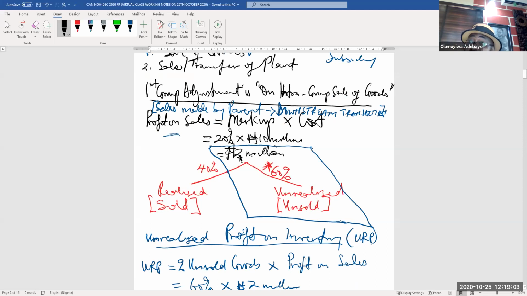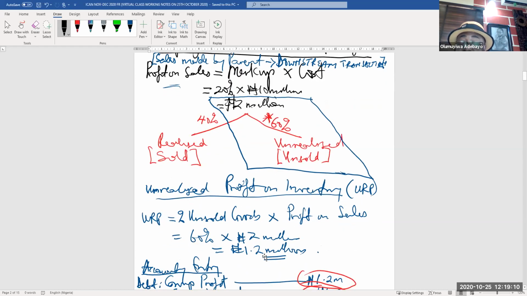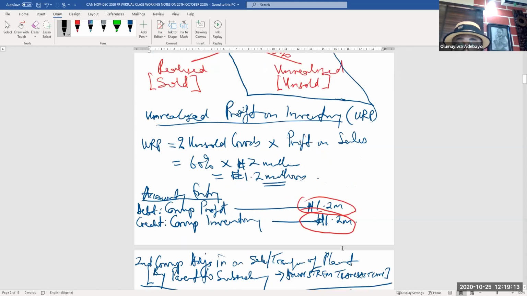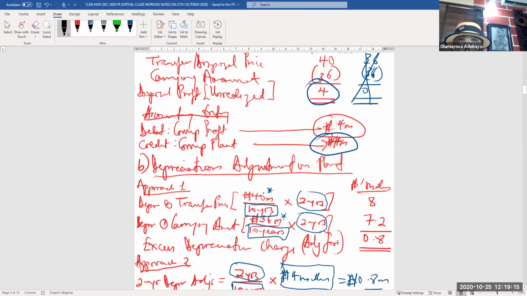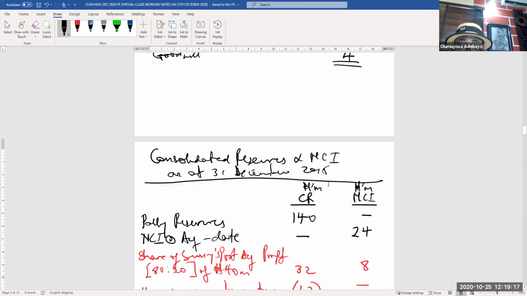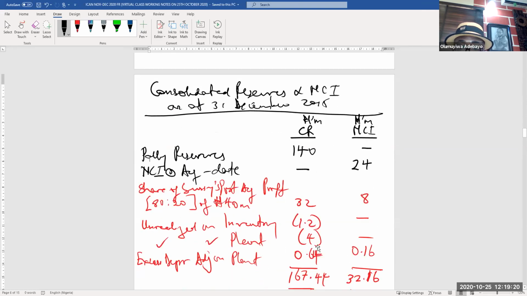It's part of that 140 million. We are now saying that out of the 2 million that is part of that 140, 1.2 of it is unrealized. That's why we are removing it. Similarly, out of that 140, we are removing this 4 because when the parent sold that asset, he made 4 million naira profit on disposal of assets, which is part of this 140. We are saying that 4 million naira is not realized. Remove it out. That's what we have done, sir.